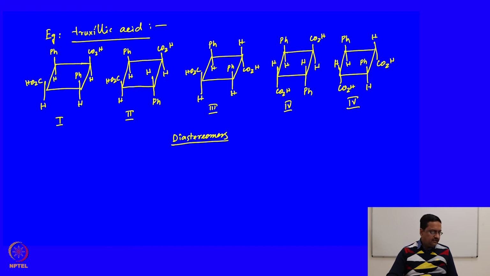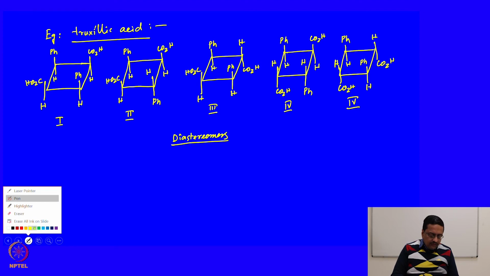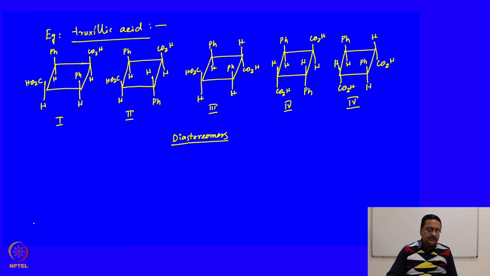But then what we see is that all these 5 diastereomers have some symmetry present in the molecule. What symmetry do we see in these molecules? We see in case of 1, 2, 3 and 5 the sigma plane, which I am drawing like this.